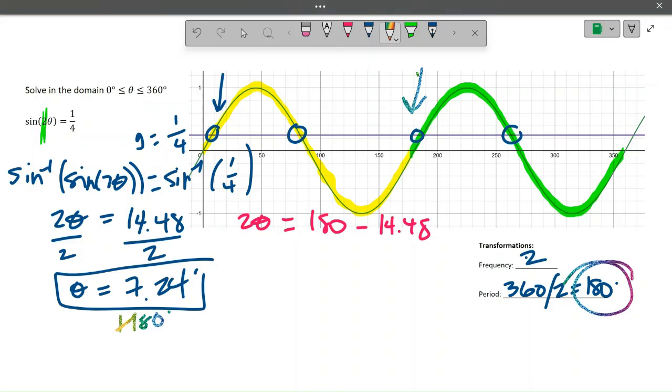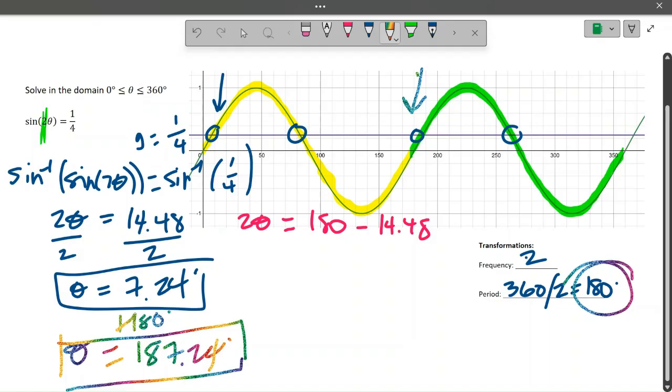When I do that, I get theta equals 187.24 degrees. Okay, so that's my other solution. So this is the big change. When you're solving equations, you have to know the new period. Otherwise, you're going to find a value that is incorrect.